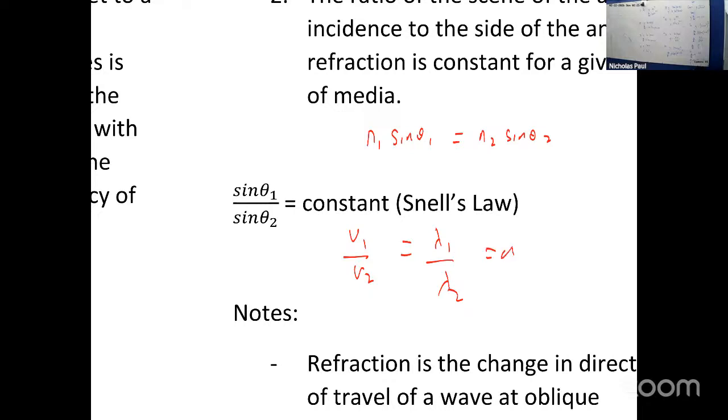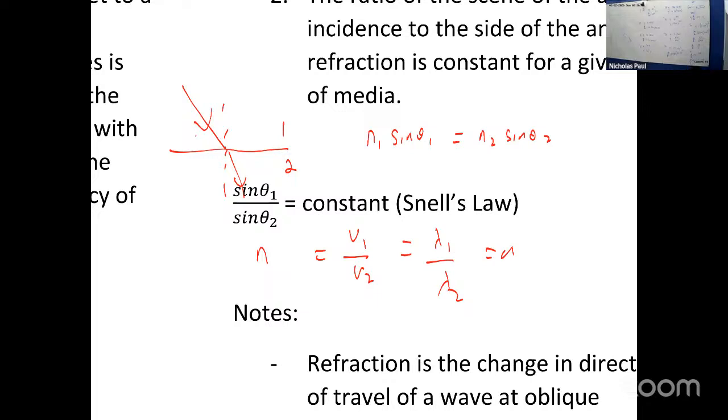But does anybody remember how to write it? It's the refractive index of what? Let's say you have medium 1 here and medium 2 here. There's a way to write the refractive index with subscripts 1 and 2 instead of just n.